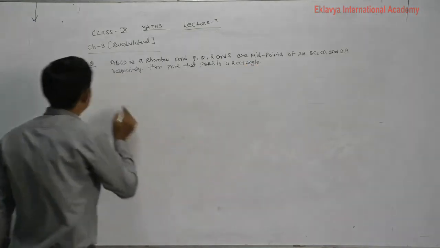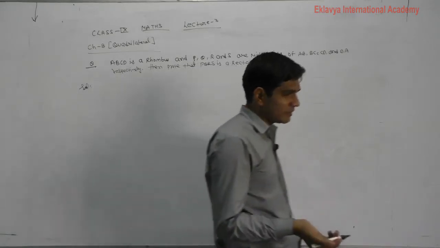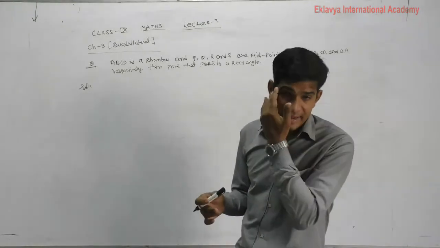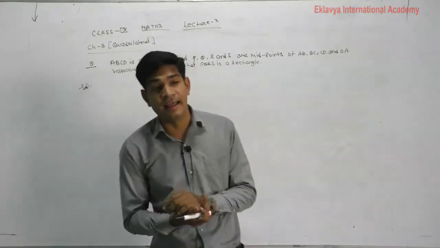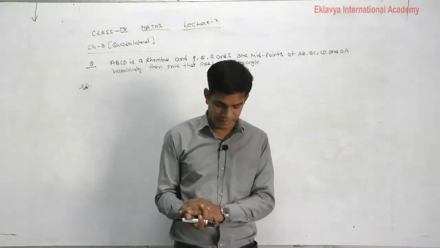So students, how will we prove a rectangle? Firstly we will prove that it is a parallelogram. After proving the parallelogram, if we prove that each angle is also 90 degrees, then we can say the parallelogram is a rectangle.